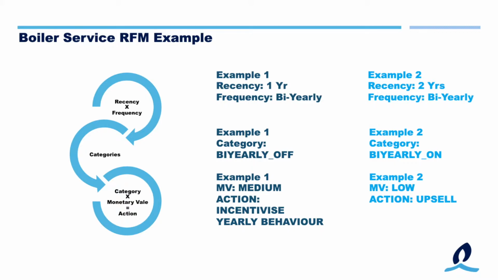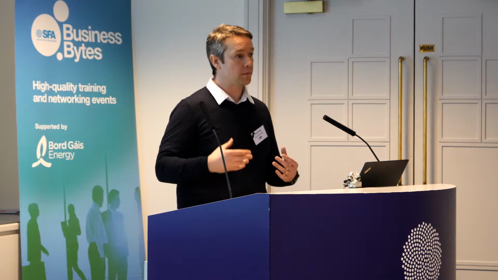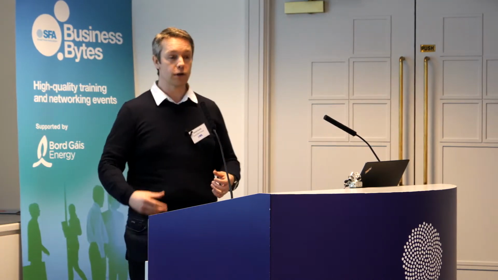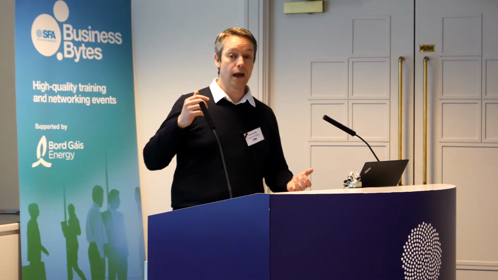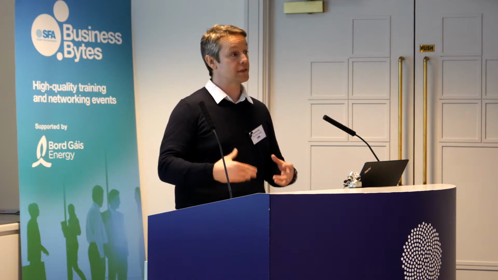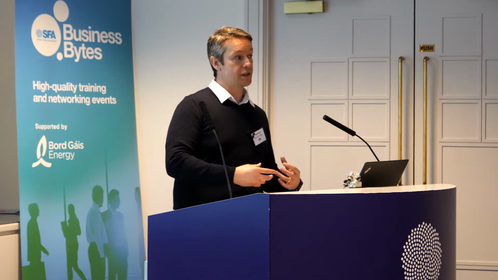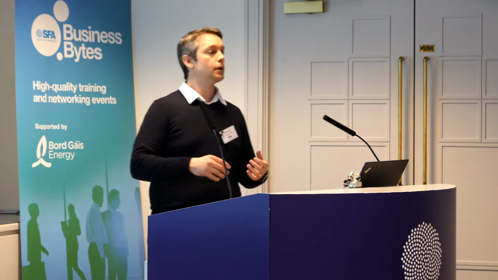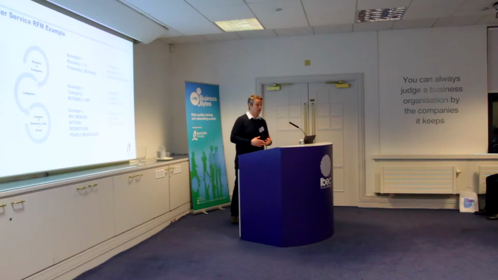What we want to build is a habit. We want to form habits. We want them to buy a product every year. So we're potentially going to talk to them about the value of having a service every year, and why they should have the service this year: safety, cost savings on their boiler, just avoiding breakdowns.